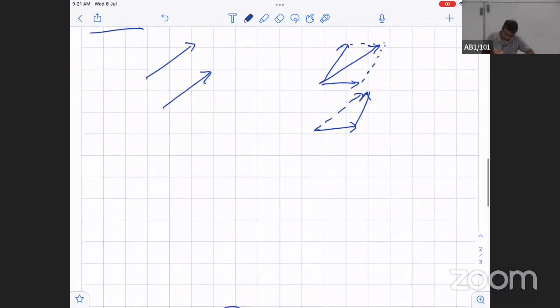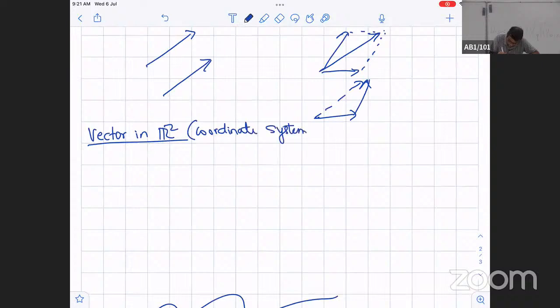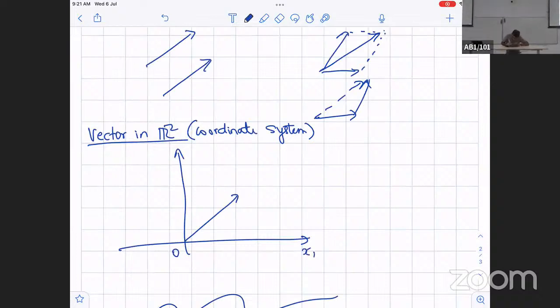Now, vectors in R2, for example: if you put a coordinate system, there will be an origin, and if there's a vector like this, you will tell what is the x1 coordinate and what is the x2 coordinate. So for example, this could be (1, 1).